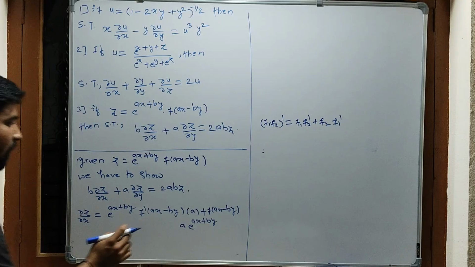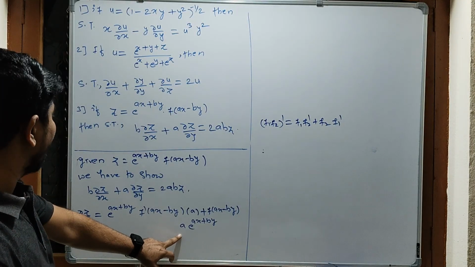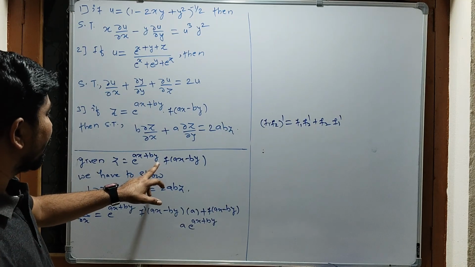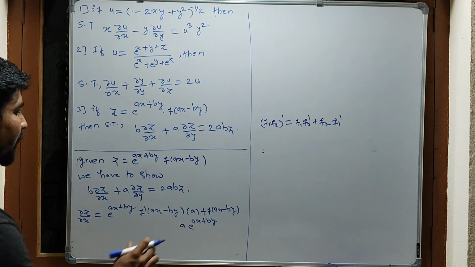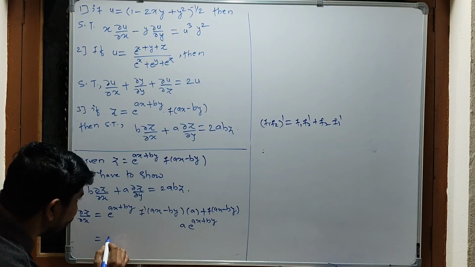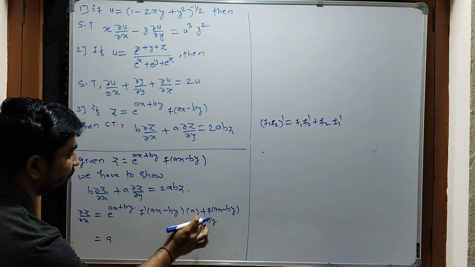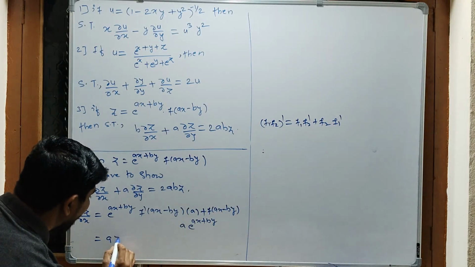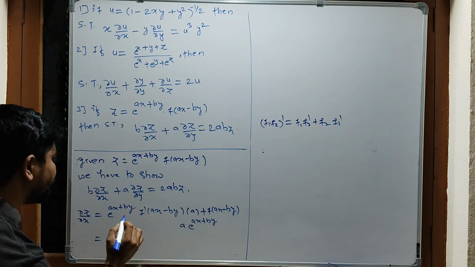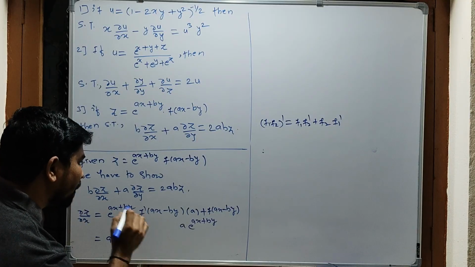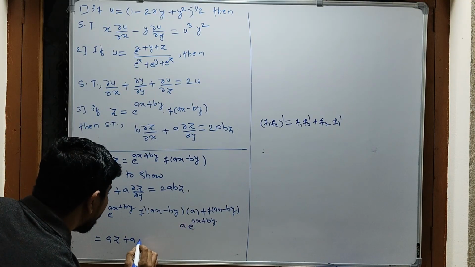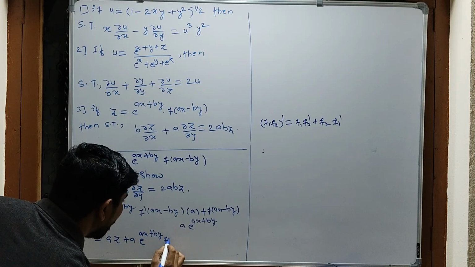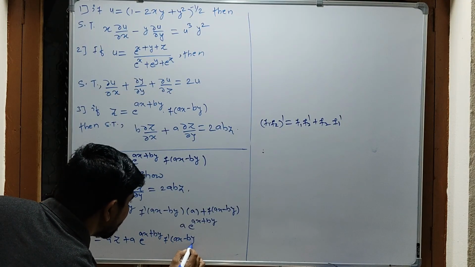Here just observe one thing: z equal to e to the power ax plus by into f of ax minus by. So I will write first this, which is equal to a times z, that is e to the power ax plus by into f of ax minus by, plus a times e to the power ax plus by into f dash of ax minus by.